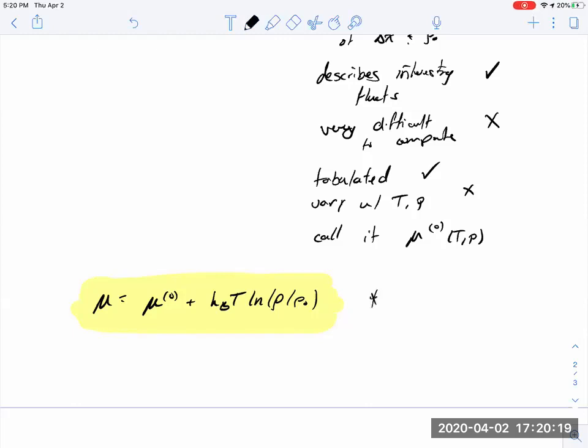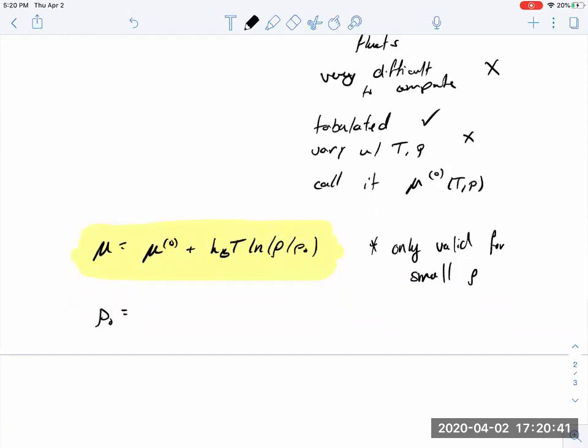But let's remind ourselves explicitly how we got here. We got here by working with solutes that were uncorrelated. So this is only valid for dilute solutions, which is another way of saying small densities, small concentrations.